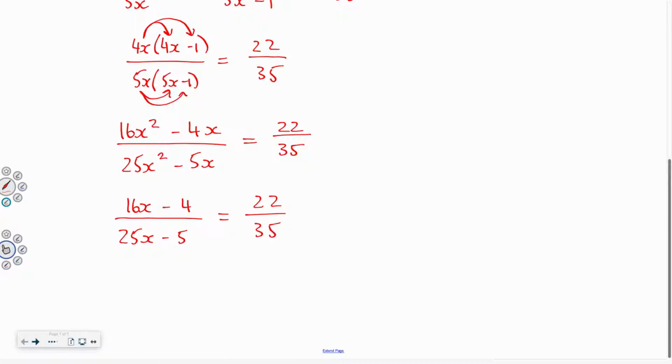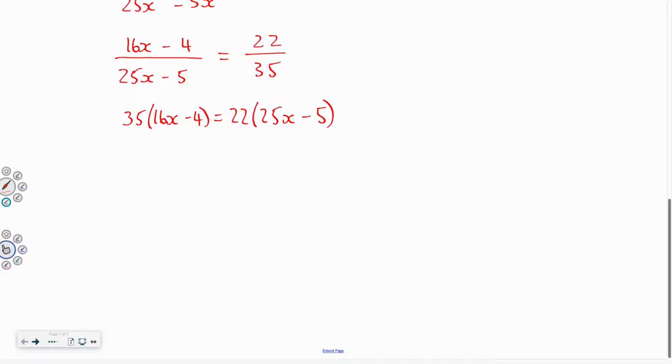Now what we're going to do is cross multiply. So we're going to get 35 times (16x minus 4) is equal to 22 times (25x minus 5). When we expand those brackets, we get 560x minus 140 is equal to 550x minus 110. And now we're just going to solve for x.